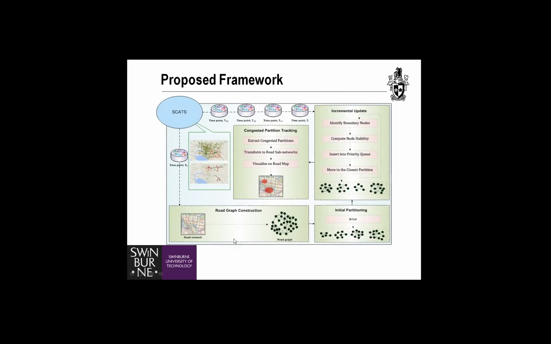After that, we just incrementally update in this module here. Firstly, we transform the network into the road graph, as I mentioned before. Then we apply partitioning on this graph, and the partitioning algorithm is AlphaCut, which was published in the conference ADMA in the year 2014 by us.